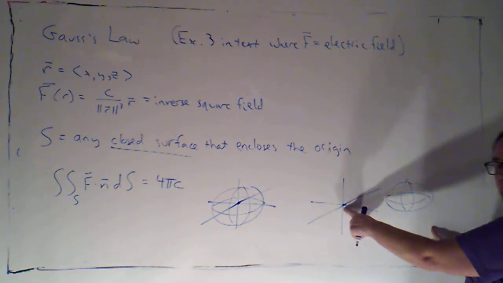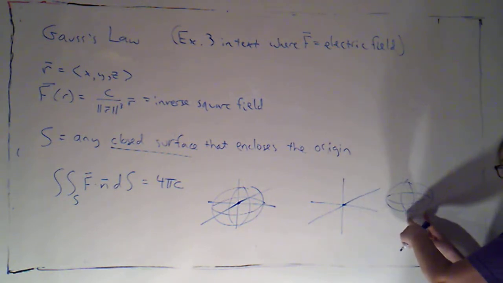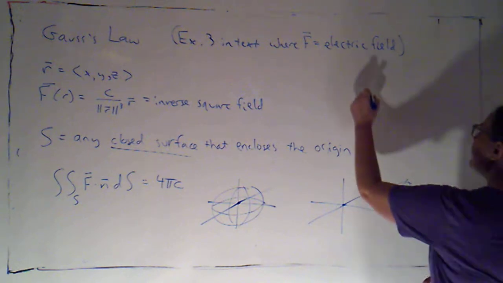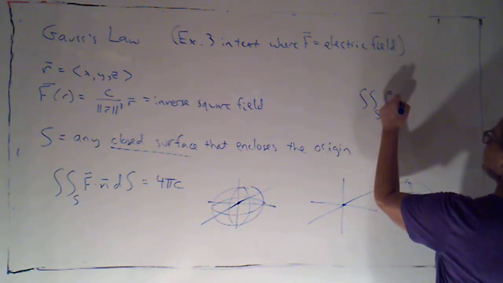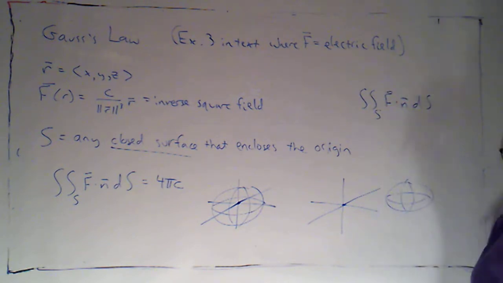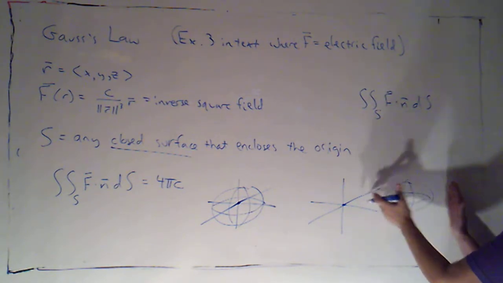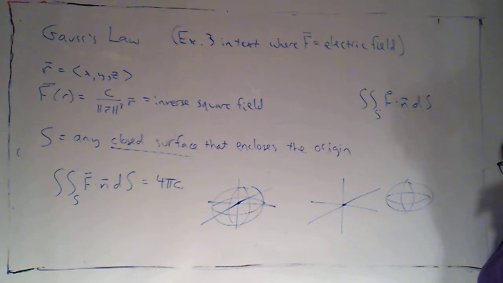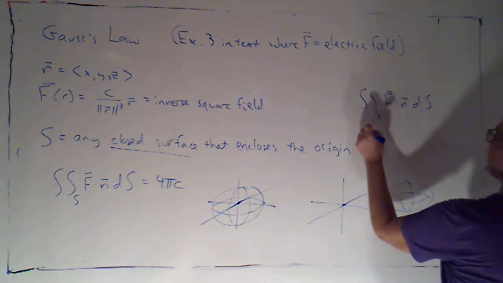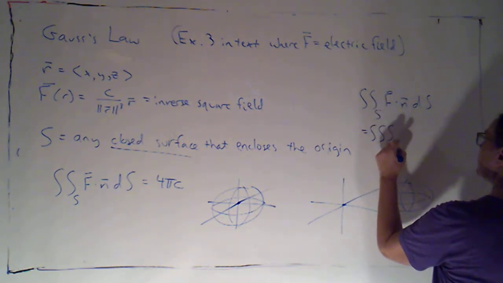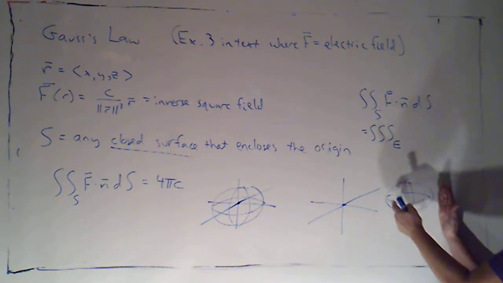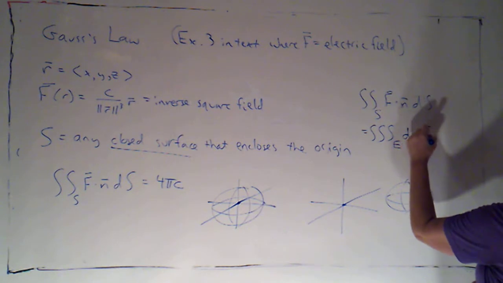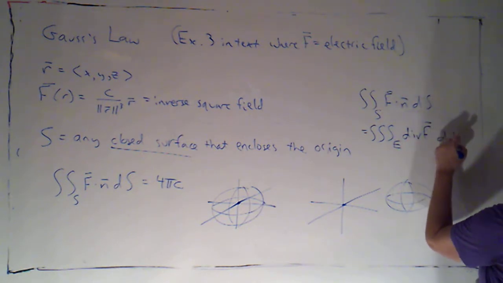Now, if the origin is completely outside of the surface, then evaluating the double integral over S of F dotted with n dS is ridiculously easy, because then the divergence theorem applies, and I can say this is just the triple integral over E, where E would be the finite solid contained on the inside, of the divergence of F dV.